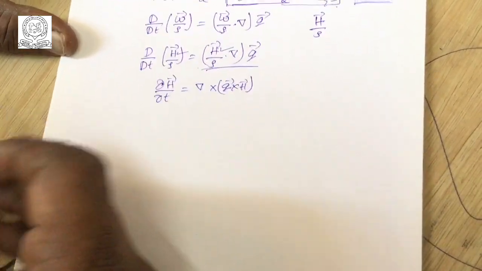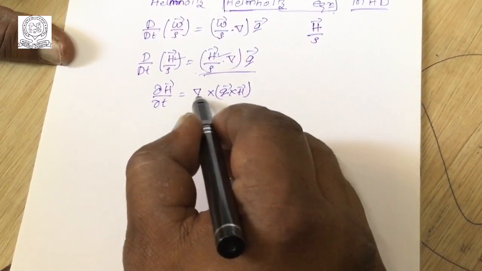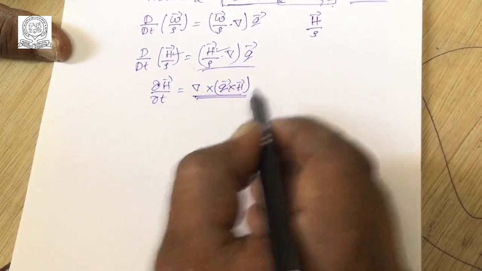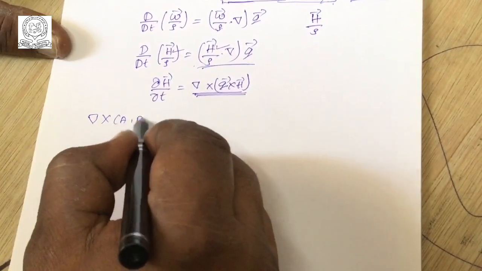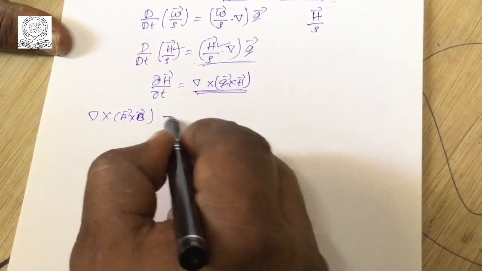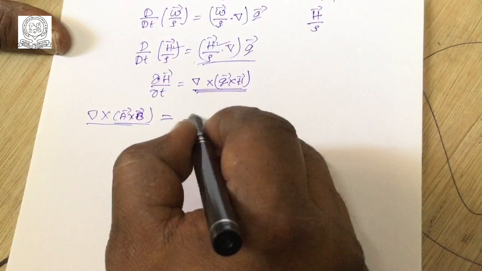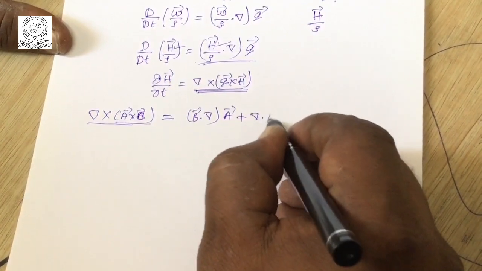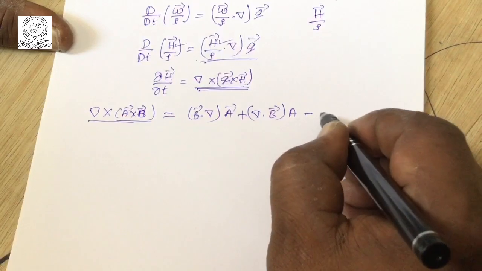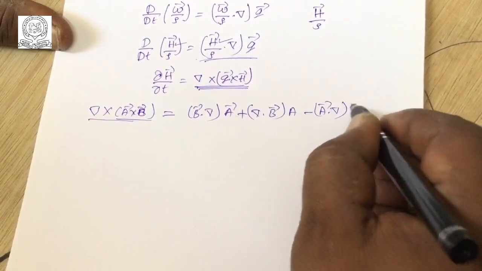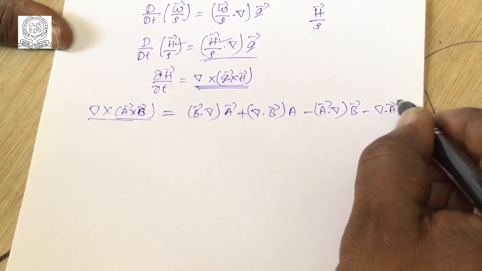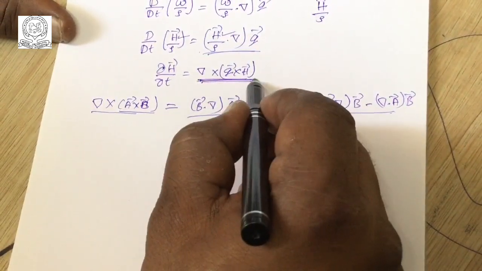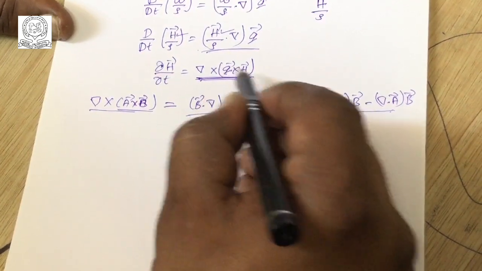Now expand this using the vector identity for del cross A cross B, which you can write as B dot del of A plus del dot B of A minus A dot del of B minus del dot A of B. Using this vector identity, replace A by Q and B by H.